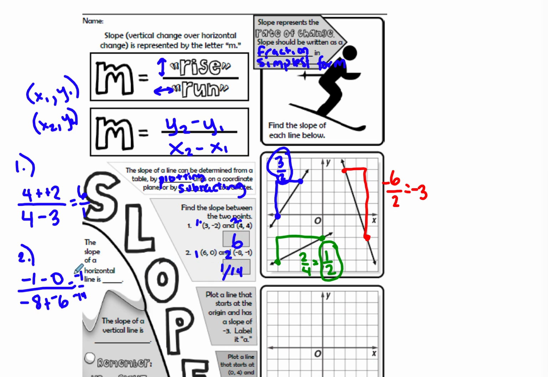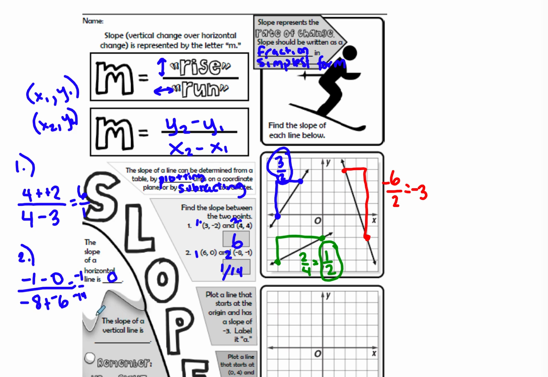All right, so let's see this next one here. It says the slope of a horizontal line, that means completely flat, is 0. If you are walking across a flat field, it has no slope to it at all. Only when you go up a hill or a mountain are you going to have something that's changing up or down, and that will give you a slope.